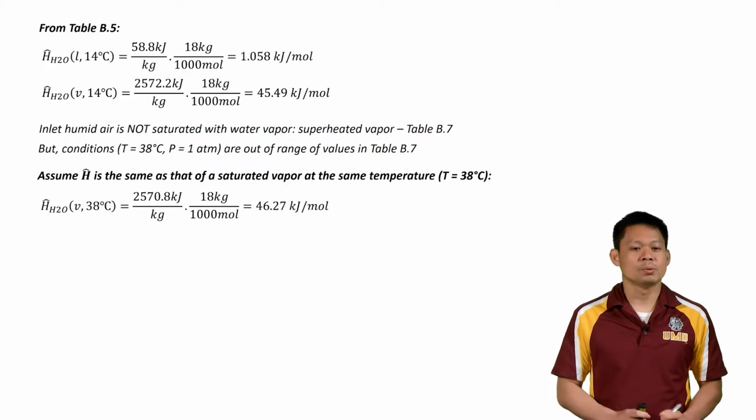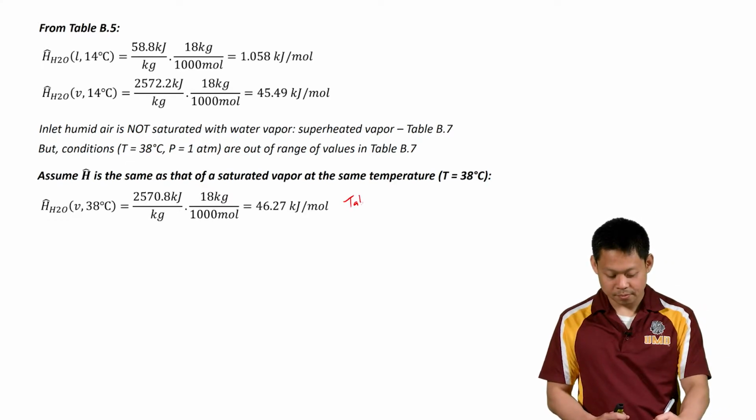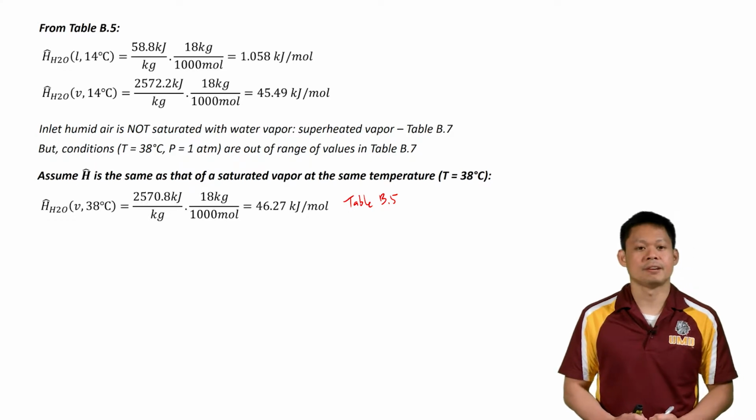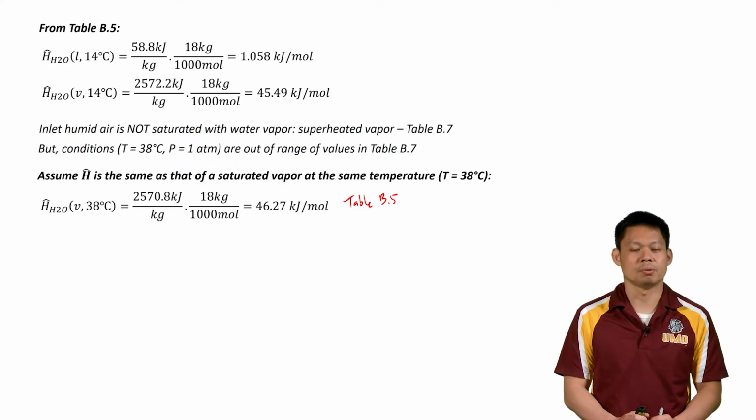So we're going to assume that it's just at 38 degrees C saturated, use table B5, and from there you can see we'll end up with 2570.8 kilojoules per kilogram, and convert it to kilojoules per mole, we have 46.27.